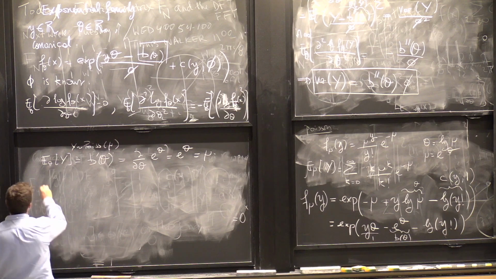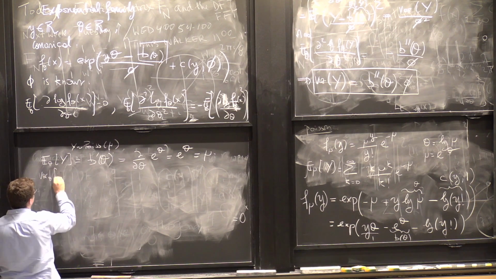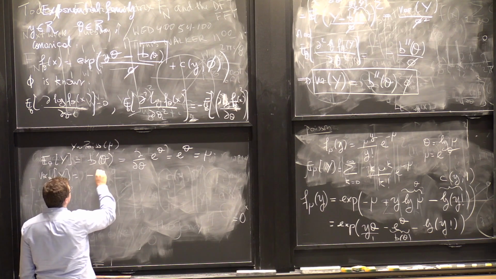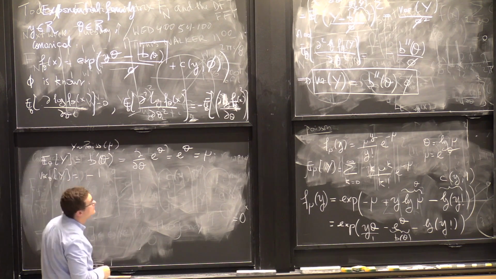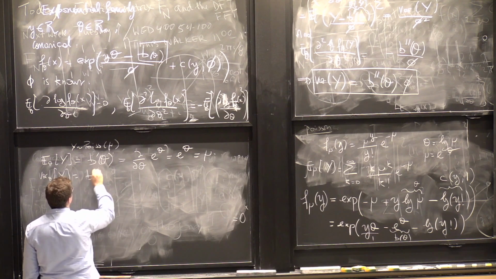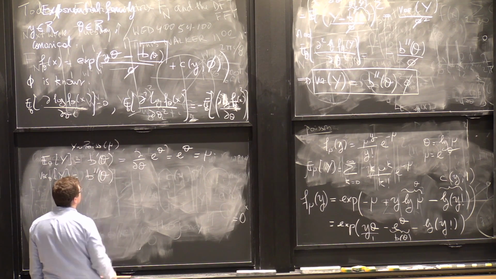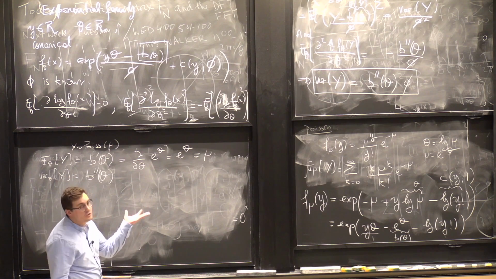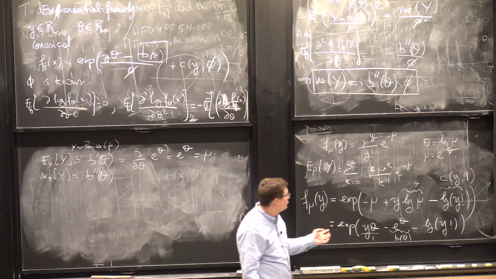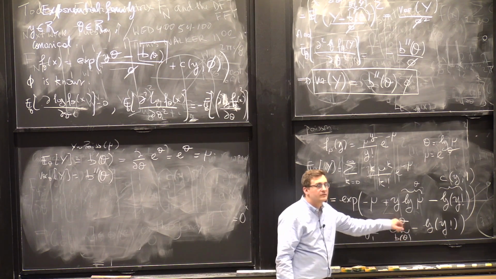I can also compute the variance, which is equal to the second derivative of b. The dispersion is equal to 1. Again, if I took phi elsewhere, I would see it here as well.